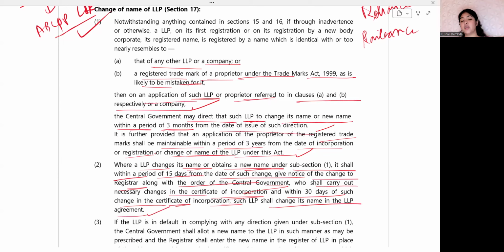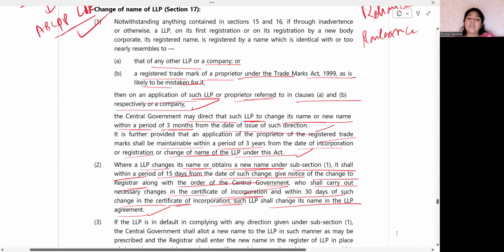So if the change is required, within a period of 15 days, you have to inform the registrar that central government has asked to change the name, and within 30 days, you have to get it changed on the certificate and your agreement. Okay. So 30 days is the maximum time period given. You have to get it changed in the certificate of incorporation and also in your LLP agreement.